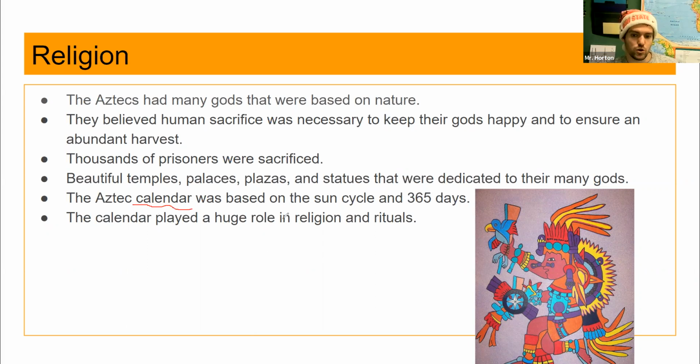The calendar played a huge role in religion and rituals. It helped them realize when to perform certain religious ceremonies, when to have different human sacrifices, and when to grow certain crops. So the calendar was a very important resource for their religion.